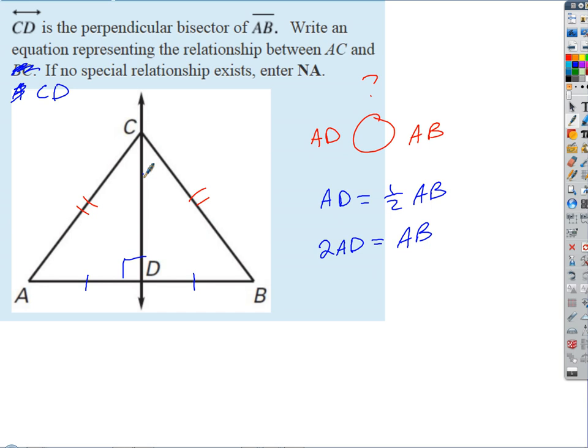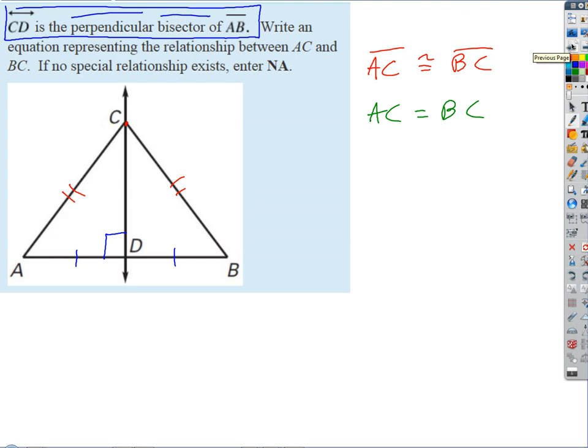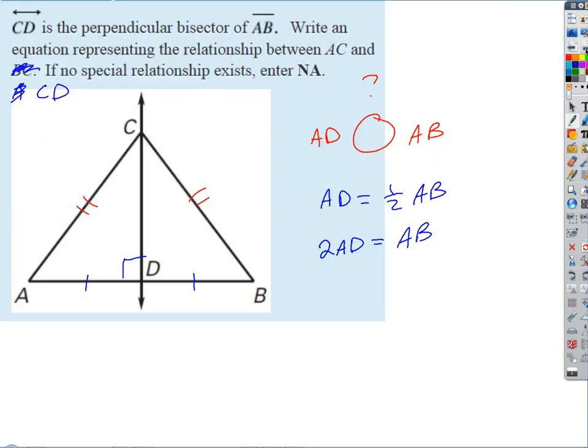There's nothing up there that tells us the relationships. But this one we did know for sure, because point C is on the perpendicular bisector. We know that AC equals BC for sure. That has to be true. Okay, let's look at maybe one more of those. What about this guy?